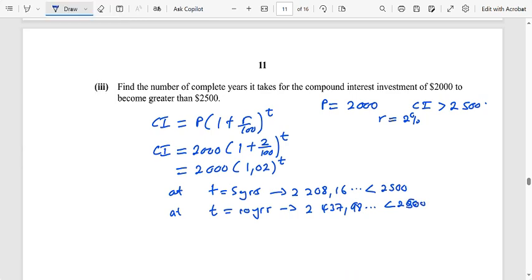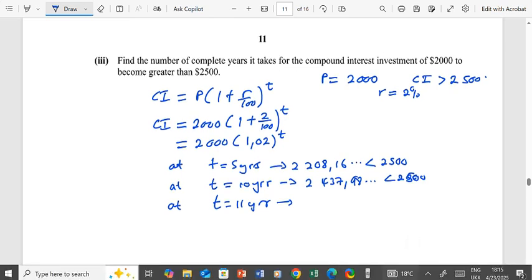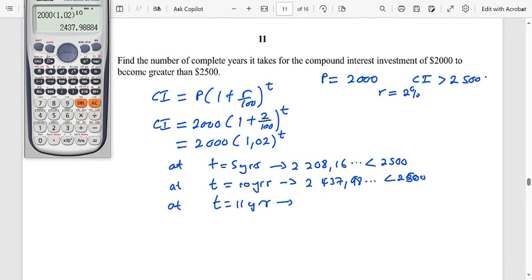But we can really see that we are close. So we try maybe at T equal to 11. Yes, we need to be careful now because we are really close. So we see what will happen when we make our time 11.